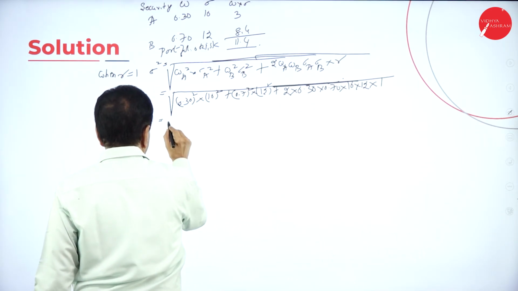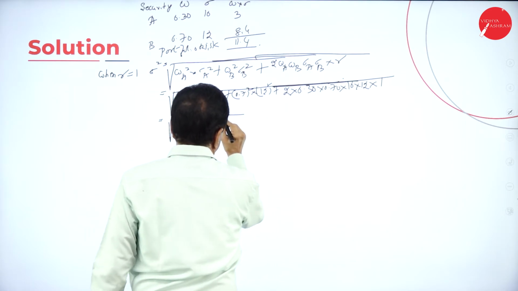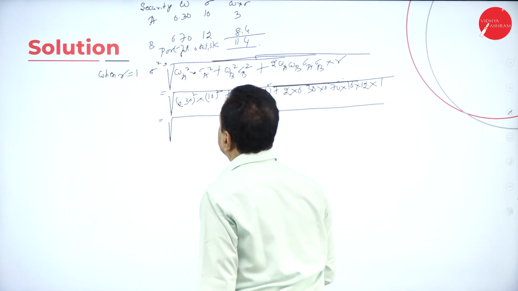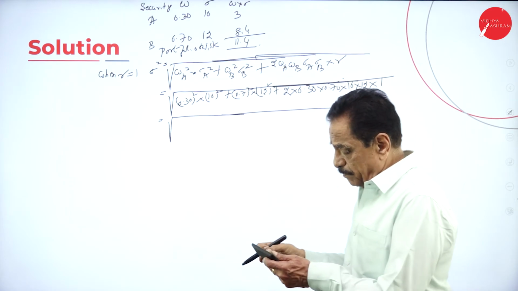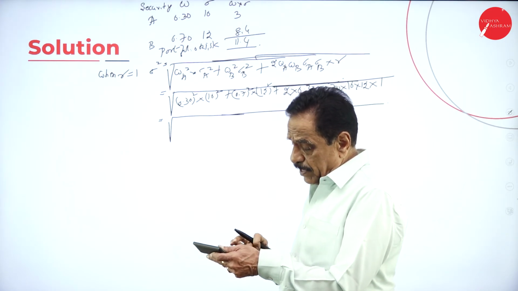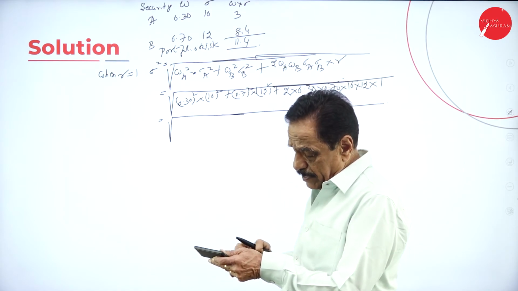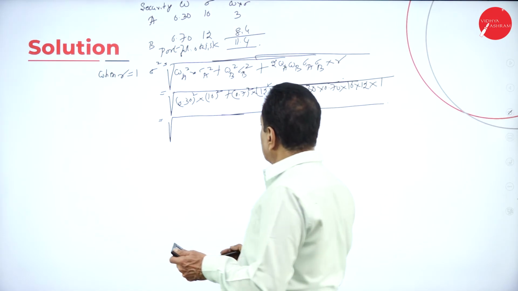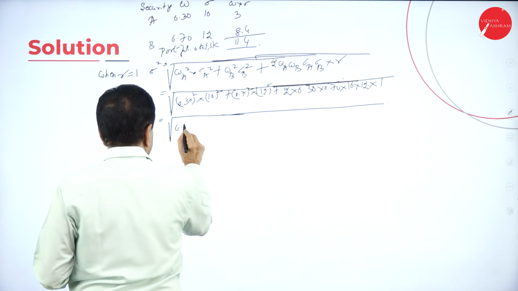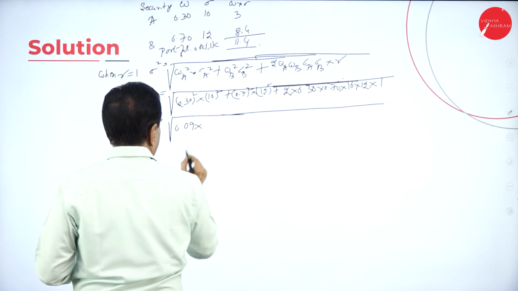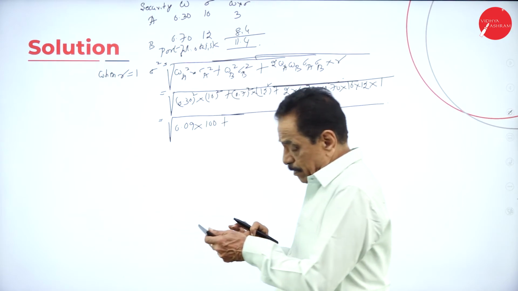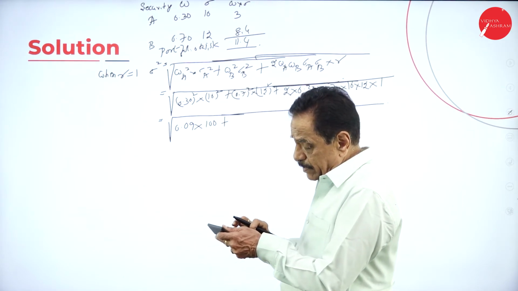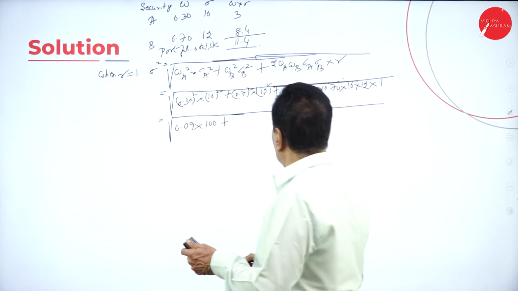Root of 0.30 whole squared, 0.30 into 0.30, 0.09 into 10 squared is 100. 0.7 into 0.7, 0.49.